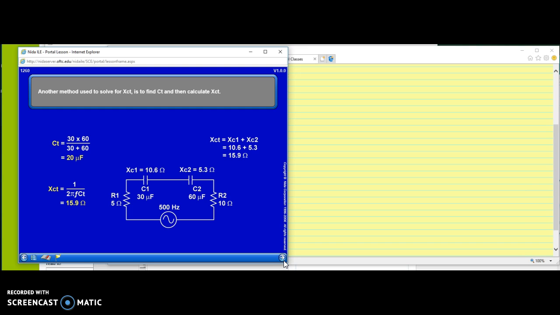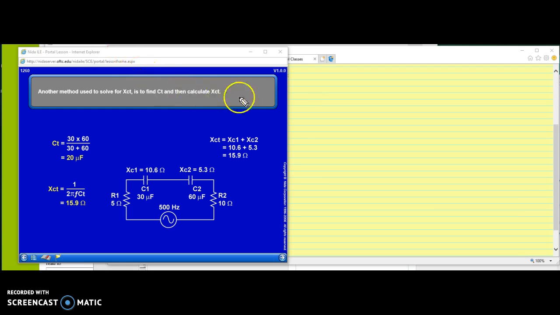If we get the total capacitance of 20 microfarads, for instance, because remember, I told you this was going to be a step-by-step thing at some point, and that's exactly what we're doing, some step-by-step calculations. With the 30 and 60, we're doing product over sum.